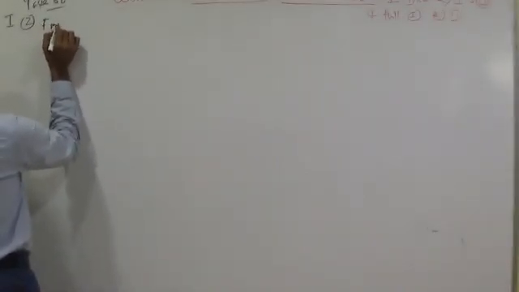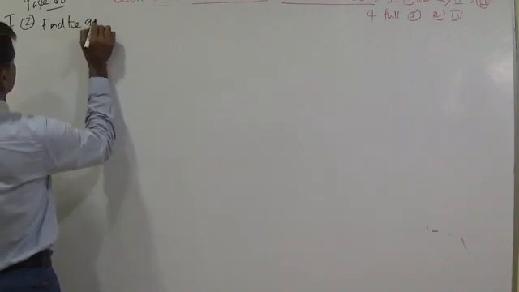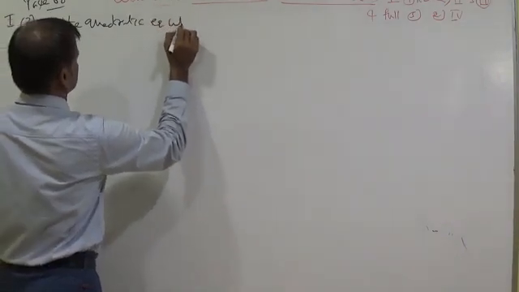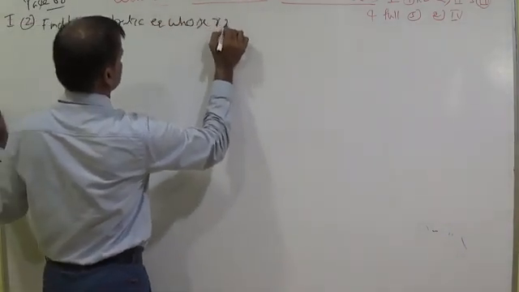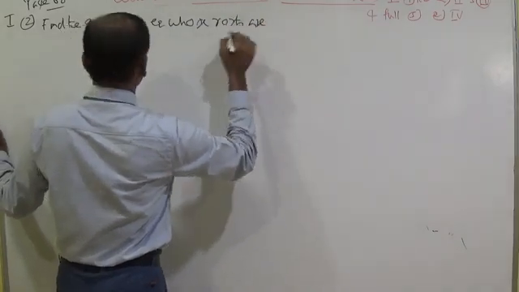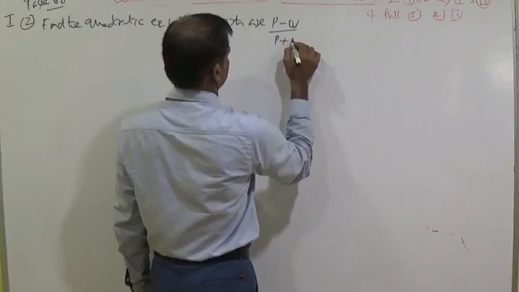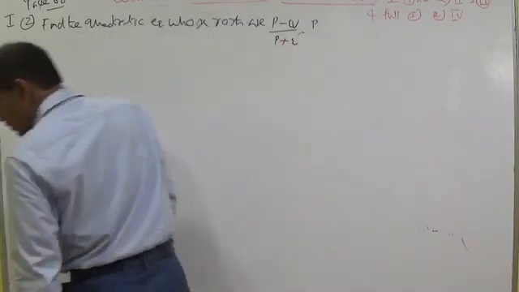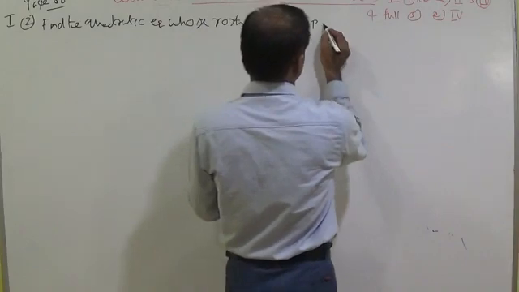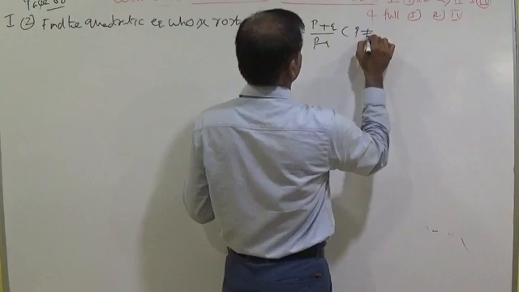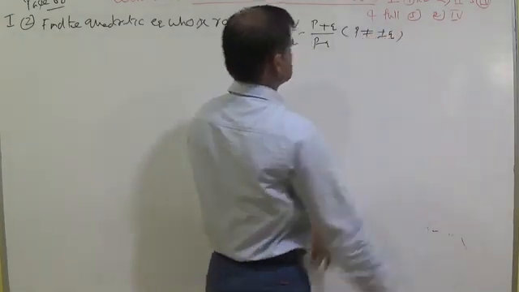Find the quadratic equation whose roots are p minus q by p plus q, p plus q by p minus q, condition p not equal to plus or minus q.